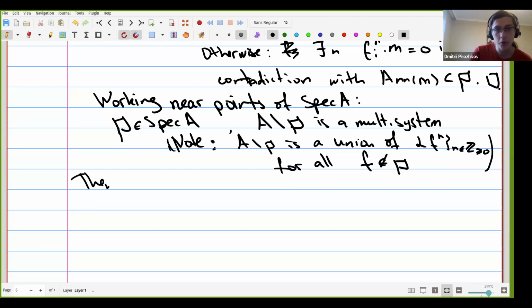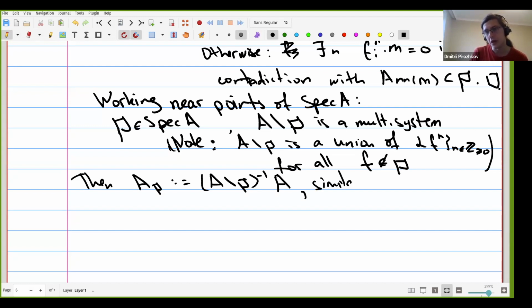Then we also define the shorthand notation AP as a localization in this multiplicative system. Similarly, MP for modules and so on.